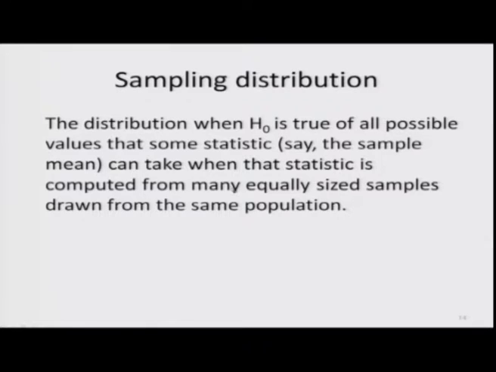Now, sampling distribution. The distribution when H0 is true of all possible values that some statistic, say the sample mean, can take when that statistic is computed from many equally sized samples drawn from the same population.